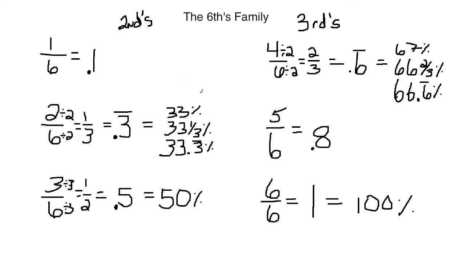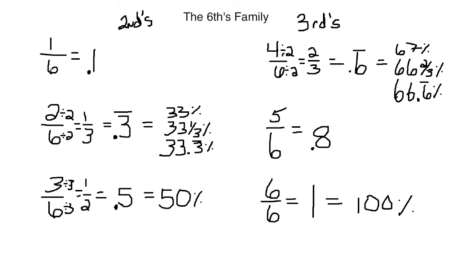So then we have to assume that the 6's repeat for 1/6 and 5/6. The only one that doesn't repeat is 3/6, because that one was related to the half or the seconds family. So what are the only 2 numbers that repeat from the thirds? Well, 3 and 6.